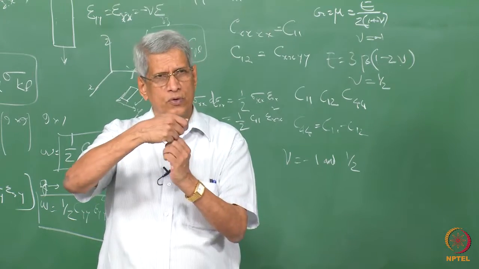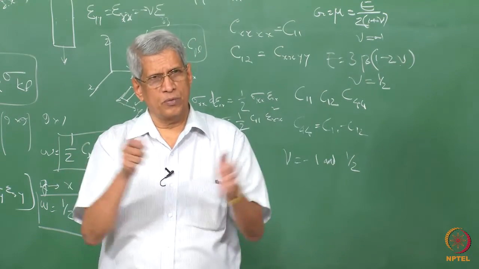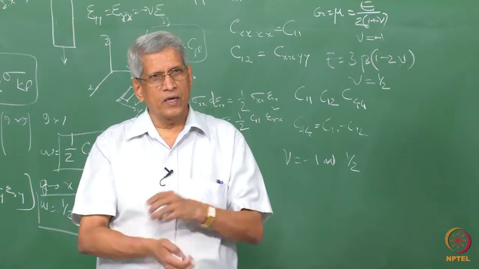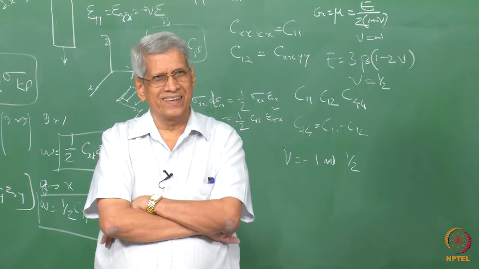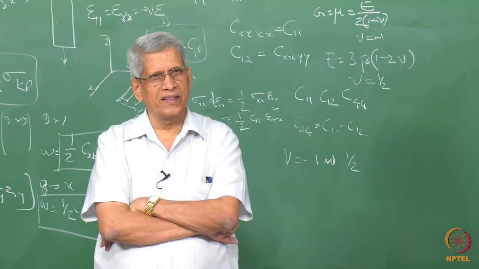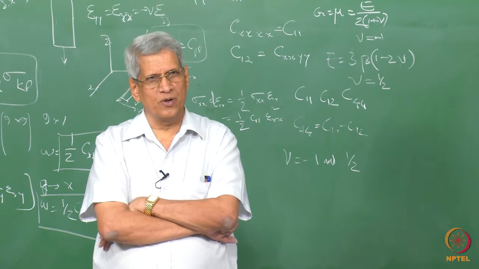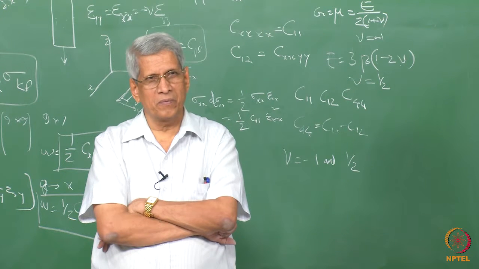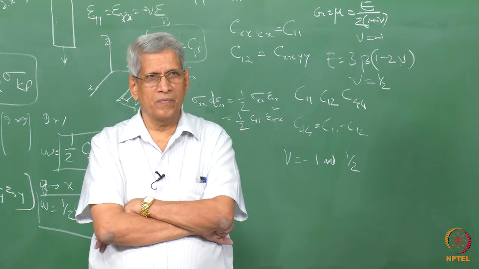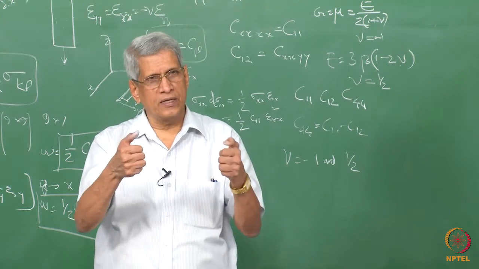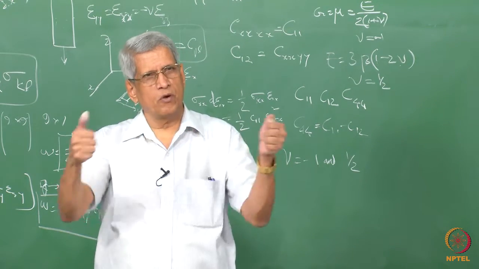If you consider a lattice of atoms in different directions, all in equilibrium in 3 dimensions, and I pull in one direction, what is its effect on the other directions, and how far are they disturbed from the equilibrium position? If we try to elongate a material, there is a limit up to which we can elongate. When we elongate it, it is being pulled away from the equilibrium position.